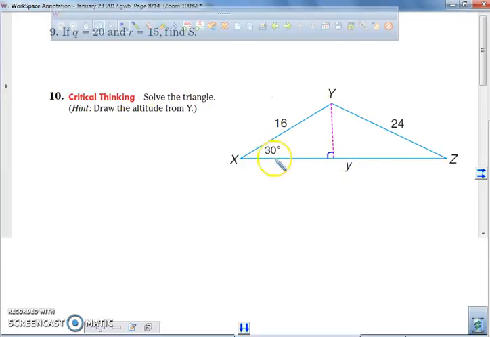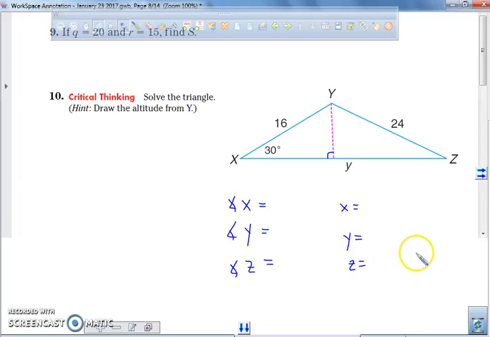So we have a triangle here on the left, and we have a triangle here on the right. When I ask you to solve for the triangle, by the way, this symbol right here, that's my angle symbol. Angle x, angle y, angle z. Capital letters are angles. All lowercase letters represent sides.